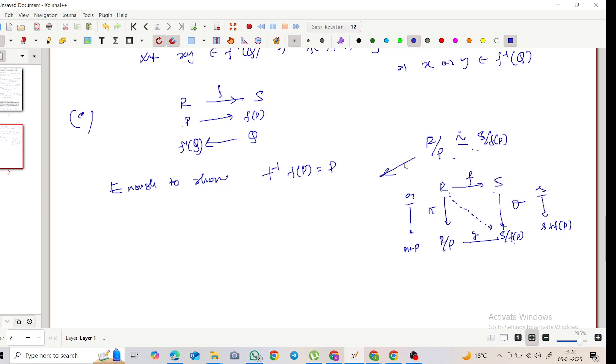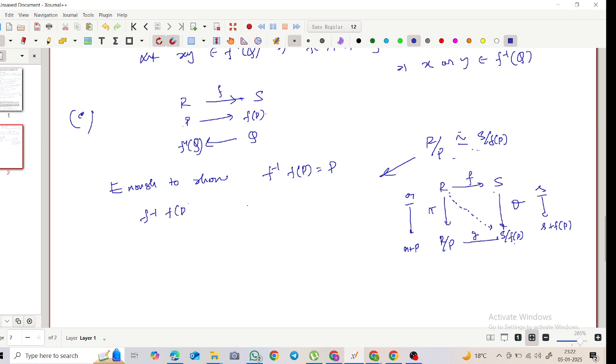See here, since it is an isomorphism, the pre-image of... no, I was doing that correctly. What the hell am I doing?